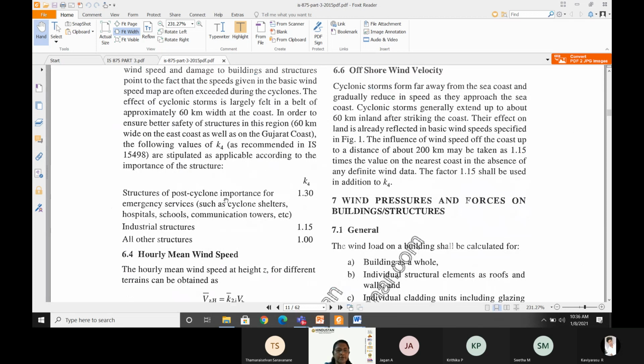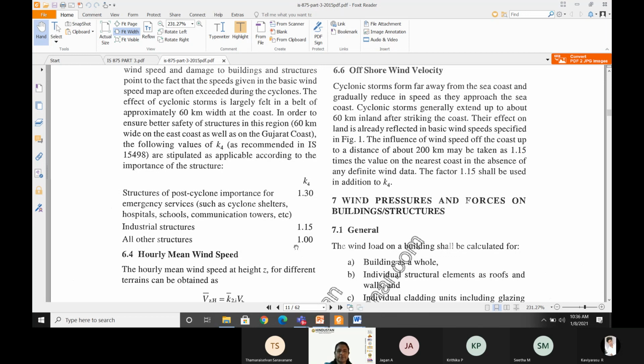Structures of post-cyclonic importance for emergency services such as cyclone shelters, hospitals, schools, communication towers are taken with K4 as 1.3. For industrial structures, it is 1.15. For all other structures, it is taken as 1. So depending upon the nature of the structure and the region where it is located, your K4 value is taken as between 1 and 1.3, with 1.15 and 1.3 as the intermediate values.